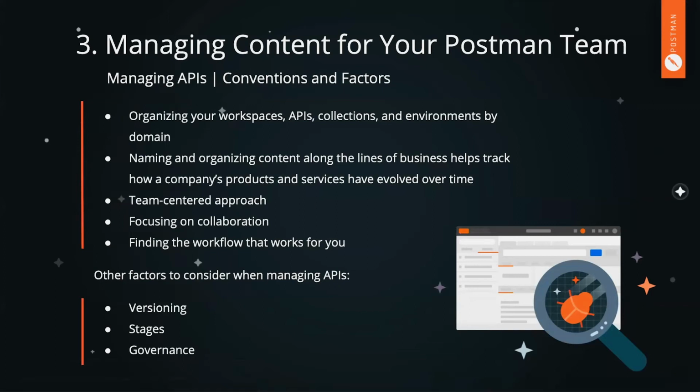Another aspect that can impact how you think about naming and organization of your collections, environments, and workspaces is along the lines of business. A company's products and services have evolved over time and can point to patterns and standards that can help define your APIs.